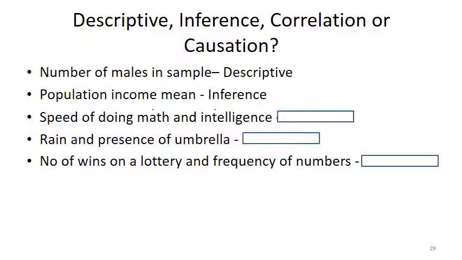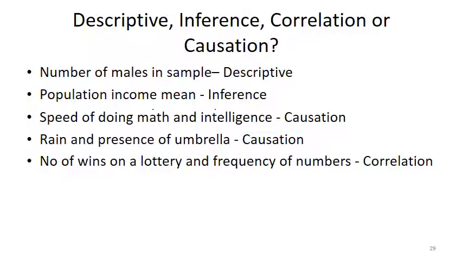Now, these two are quantitative variables, sorry, this is a causation because we say that if you're more intelligent, then you can do maths faster. Rain and presence of umbrella, sorry, if there is rain, then probably there'll be an umbrella. And number of wins on the lottery and frequency of numbers. Now, these two could be correlated, but they are not causing each other.